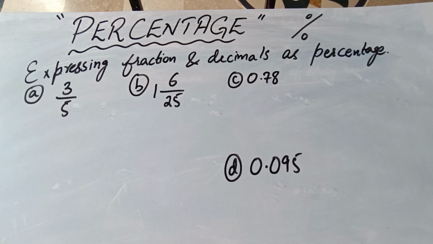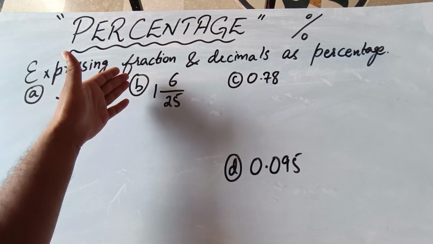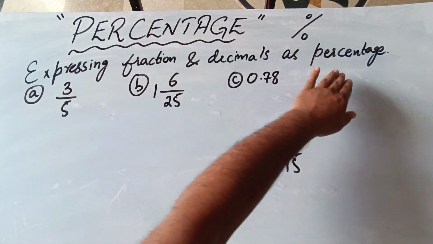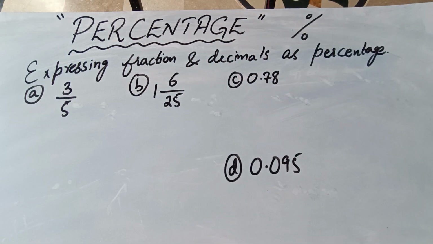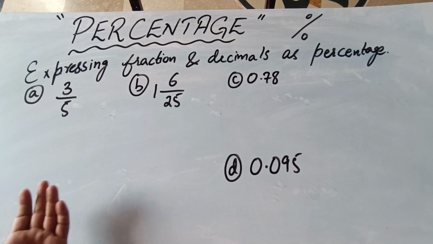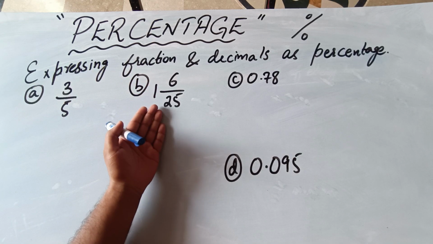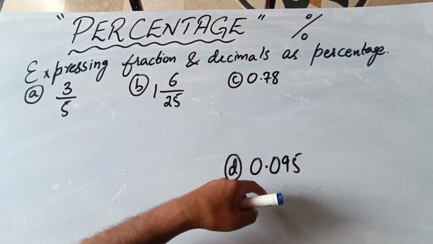Now we have a problem expressing fractions. We will learn how to convert other forms, like fraction form and decimals, into percentage. We will learn the conversion into percentage when a fraction is given, when a mixed fraction is given, and when decimal numbers are given.